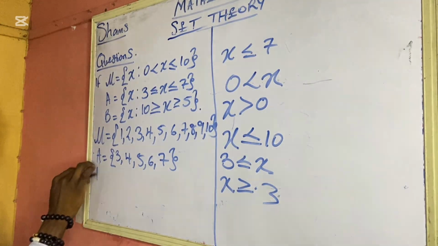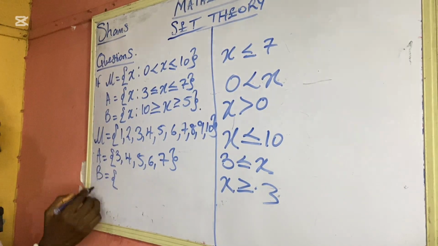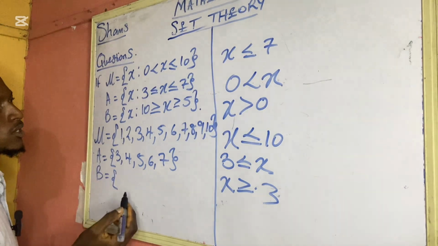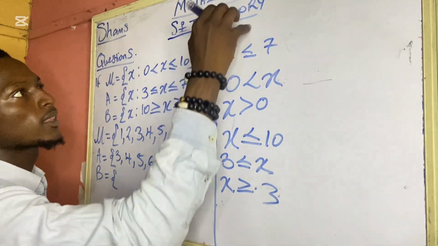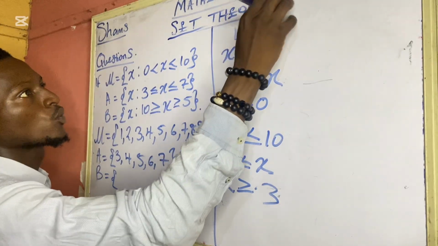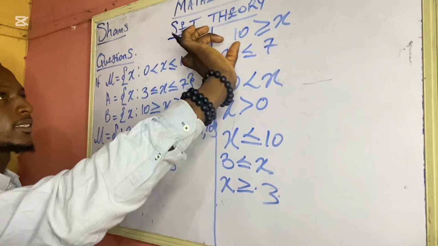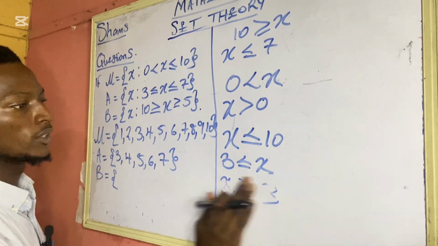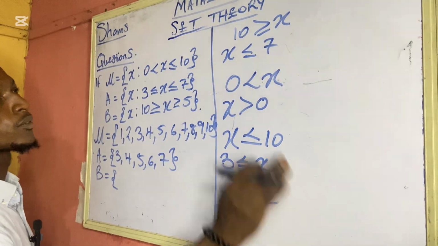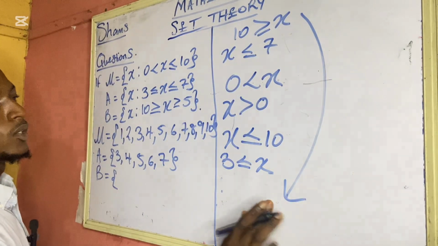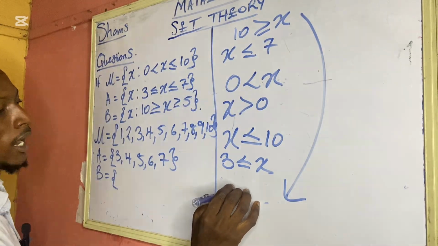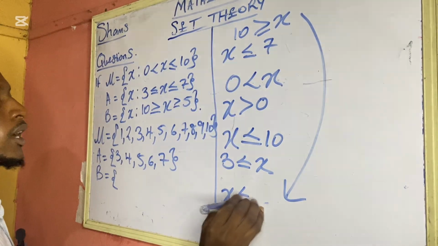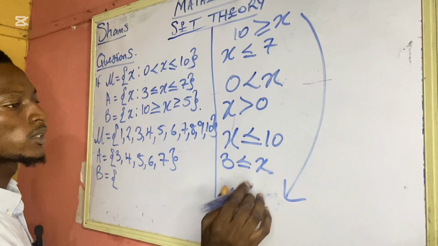So for set B, let's say x such that 10 greater than or equals to x. If I rewrite it under the law of inequalities, the greater than changes to less than or equals to 10.